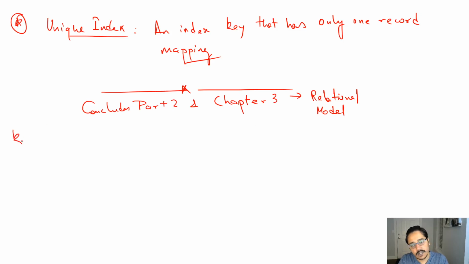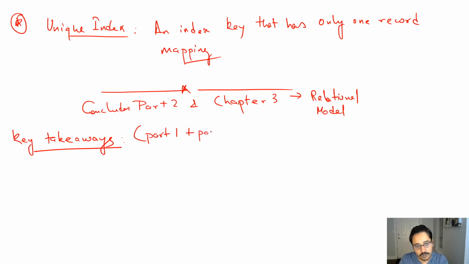The key takeaways that you have to look out for and study, combining both part 1 and part 2, are, first, from part 1, the important part: functional dependency plus the concept of keys.